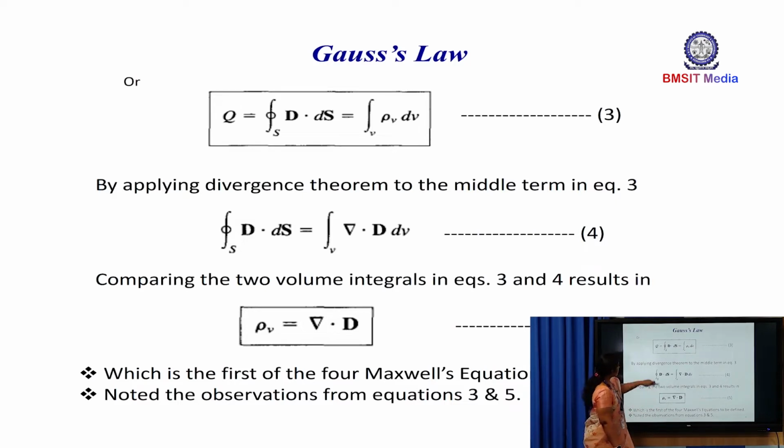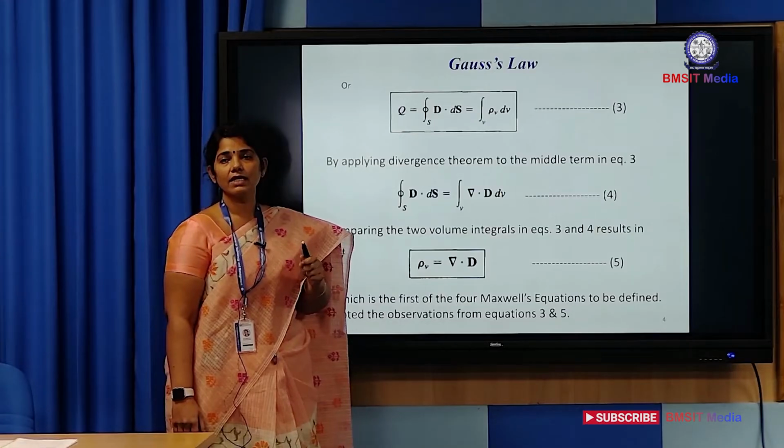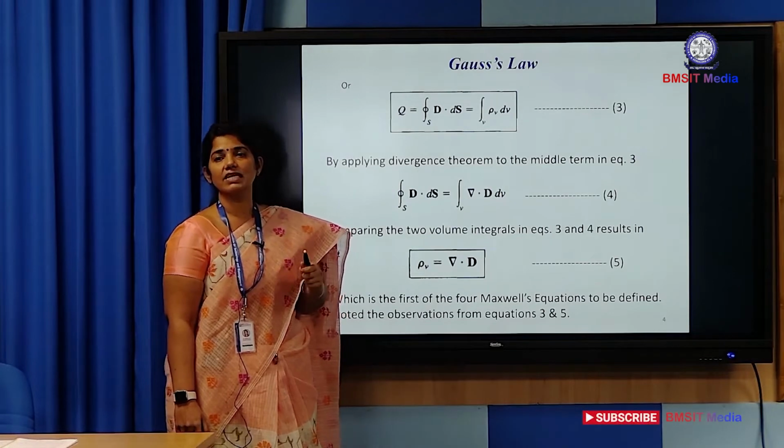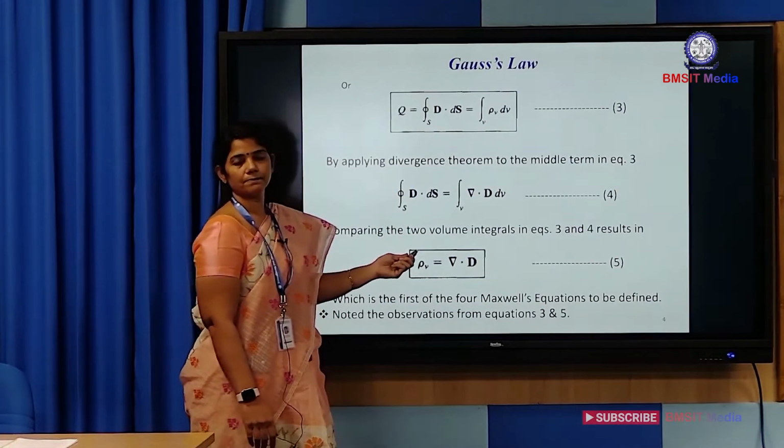Looking at these two equations, which are nothing but Gauss law, the alternative statement of this is Coulomb's law. By properly applying the divergence theorem to Coulomb's law, you will get Gauss law.